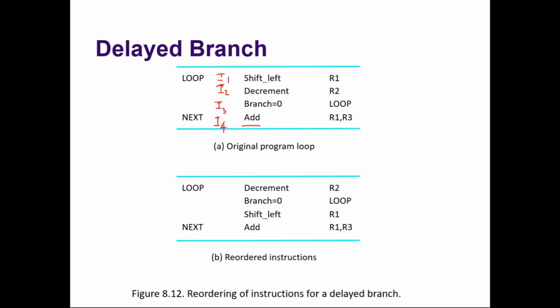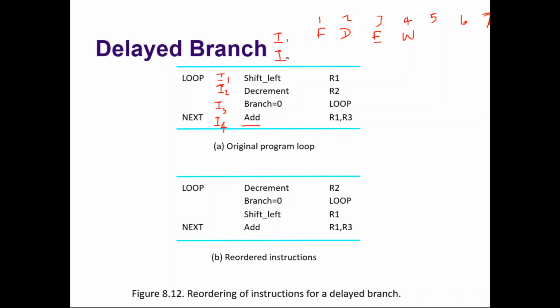Fine. Now, clock cycles 1 2 3 4 5 6 7. Say instruction 1 is fetched during the first clock cycle, it is decoded during the second clock cycle, it is executed during the third clock cycle, it is written back during the fourth clock cycle.